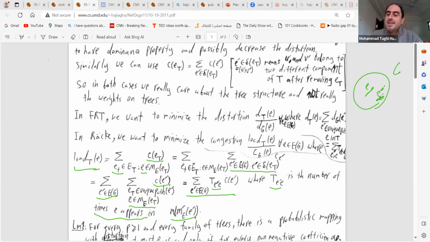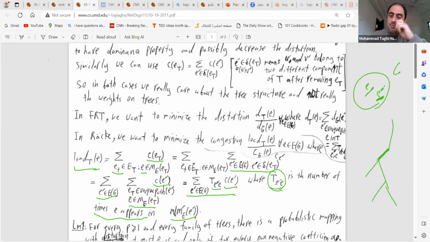If you have a tree, this E prime may appear several times, because this is an edge between two vertices. So the number of times that E appears on this path would be T of E prime E. That times the C of E prime would be essentially equal to load T of E.